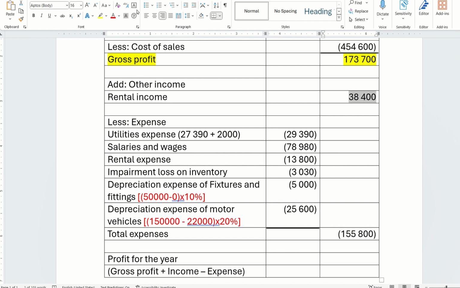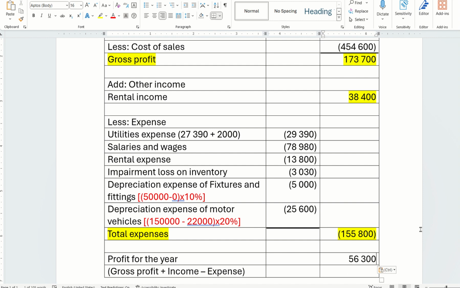Where is my other income? Here is my other income. And where are my expenses? Here are my expenses. So I'm going to take a calculator and calculate that, and I will get 56,300.